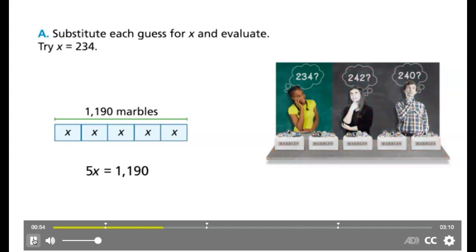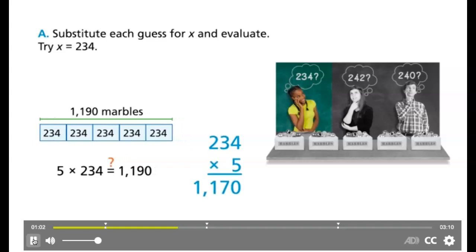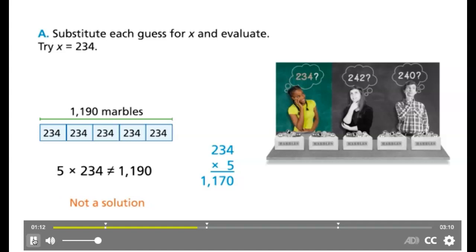Begin with the first friend's guess. Let X equal 234. 5 times 234 is 1,170. The product does not equal 1,190, so X equals 234 is not a solution.